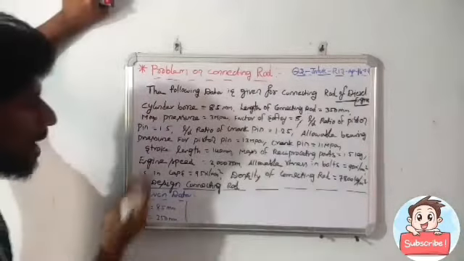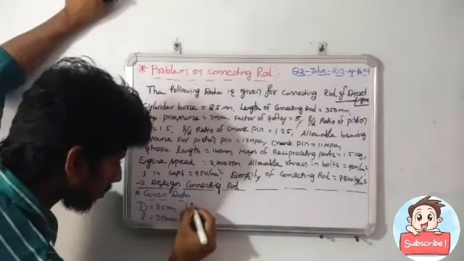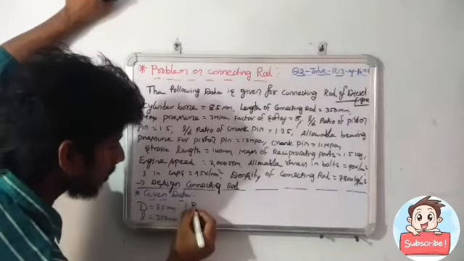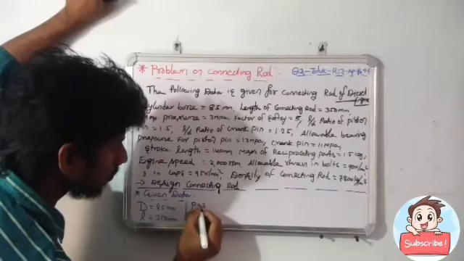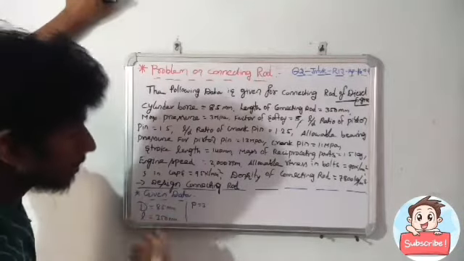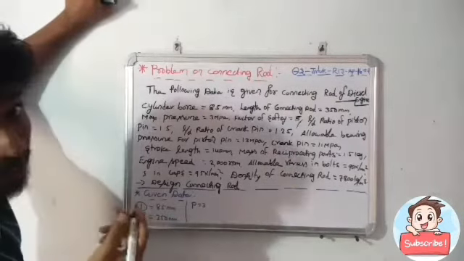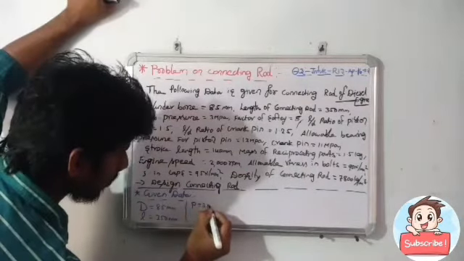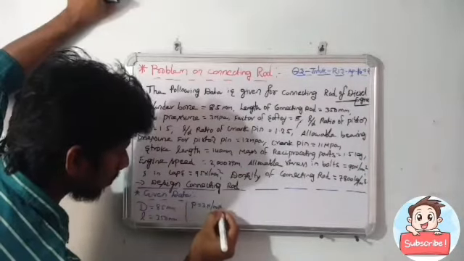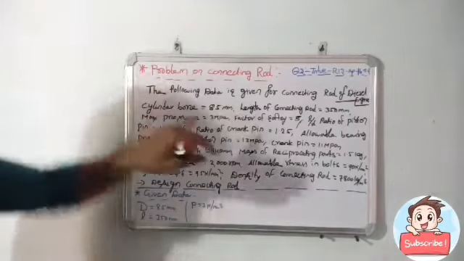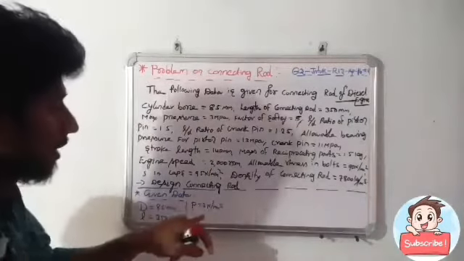The maximum pressure is denoted by P, equal to 3 MPa. We know 1 megapascal equals 1 Newton per mm square, so that is the unit conversion taken here.